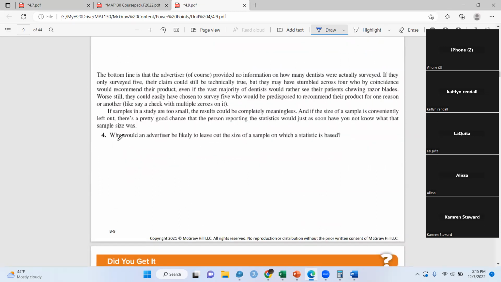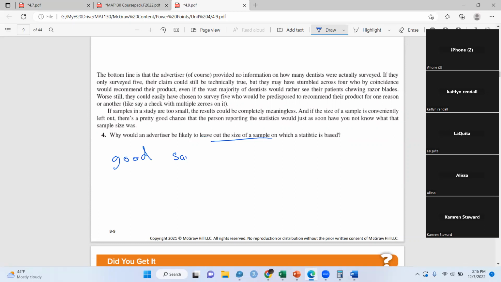I think our author's making a big point here. Why would they leave it out, the sample size? And that's because one of the things to recognize is that to really do random sampling to eliminate bias and to get a good sample, it's costly. We'll even write this.